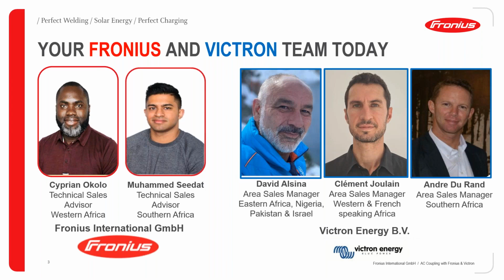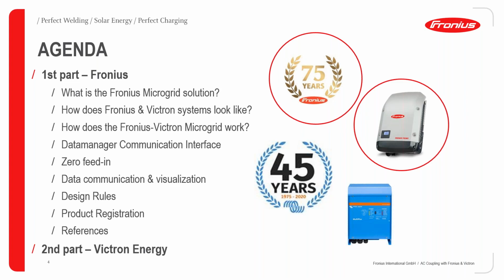Great. So let's proceed to what we have for you today on the agenda. As we can see, it's going to comprise two parts. The first part will be the Fronius part, presented by myself and Mohammed Sidat. We shall be covering the first part of the agenda, which is answering the question: what the Fronius microgrid solution is, how it looks and how it functions.